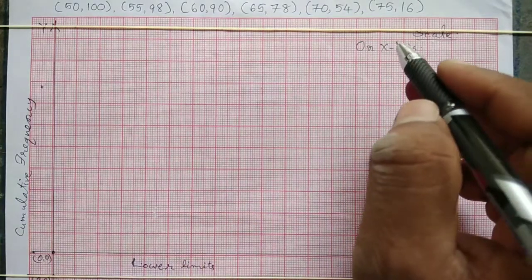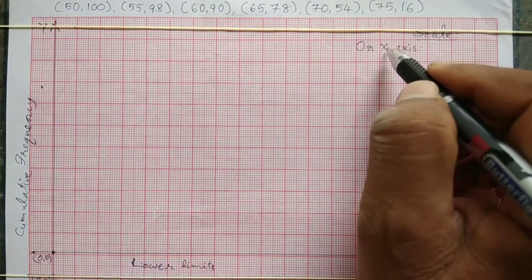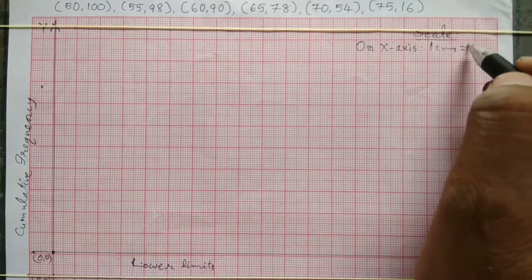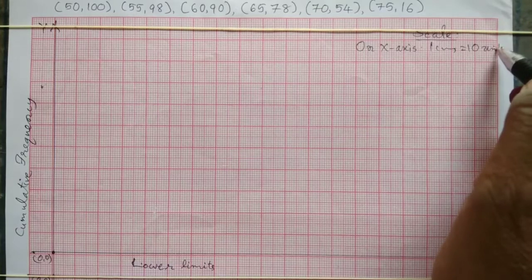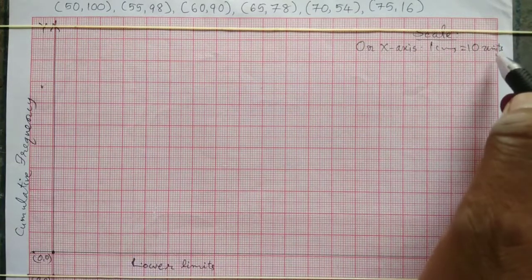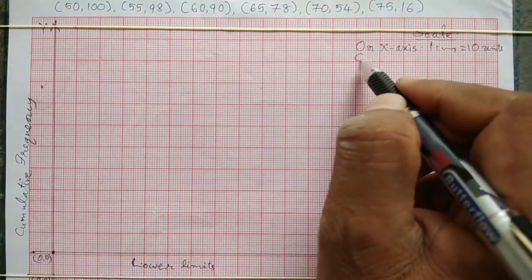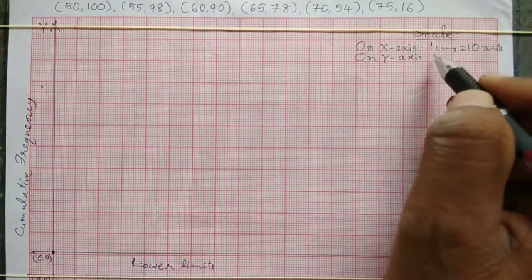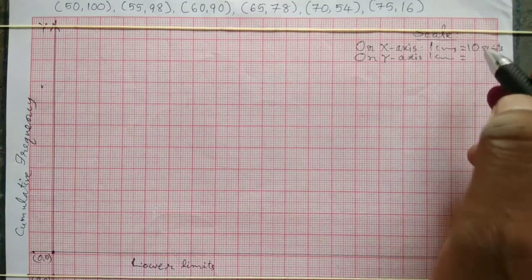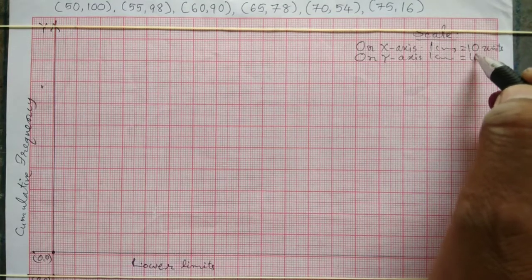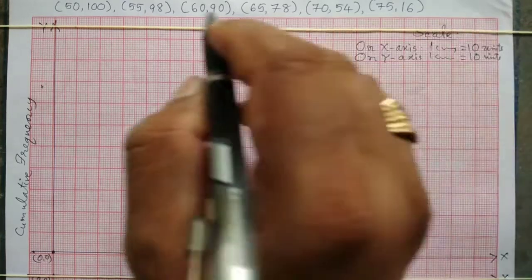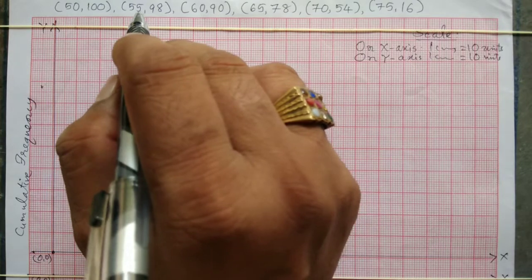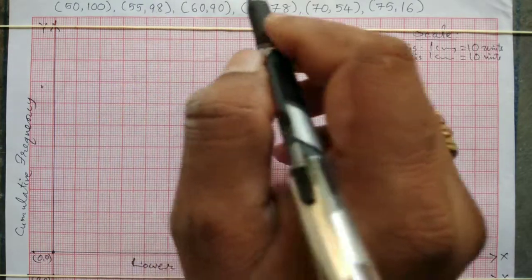On the x-axis 1 centimeter is 10 units, basing on these points. On the y-axis 1 centimeter is 10 units, because the values are near multiples of 10.